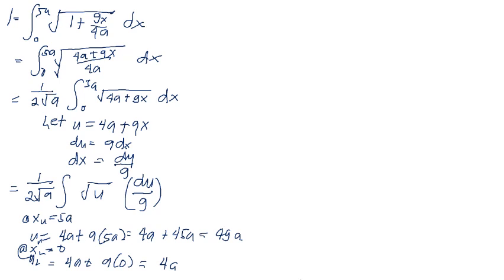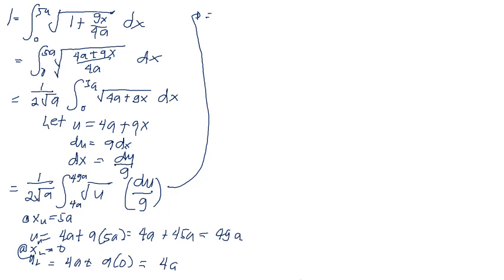Now we will have it in terms of u. So now our new working equation is equal to 1 all over 2 square root of a, integration from 4a to 49a of square root of u times du all over 9. Now from there, I'll just write it here.